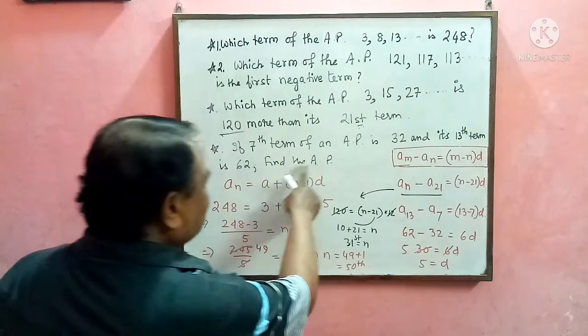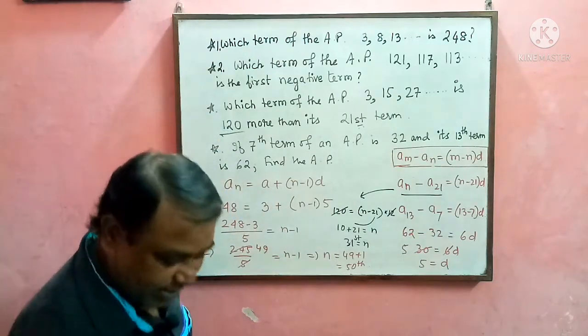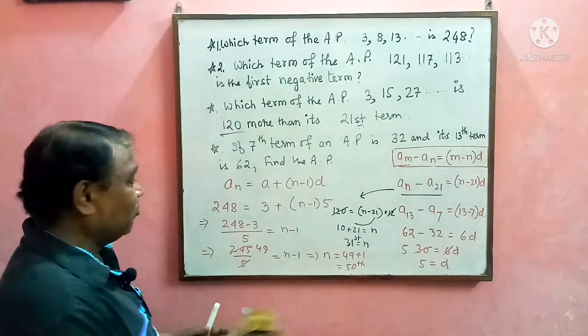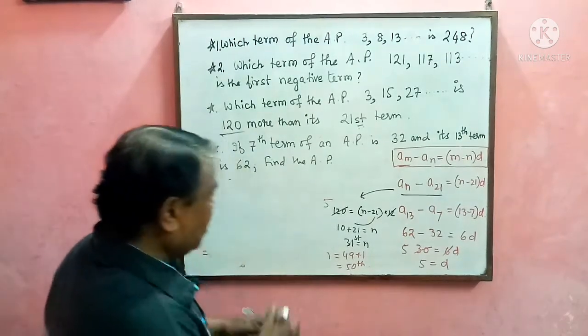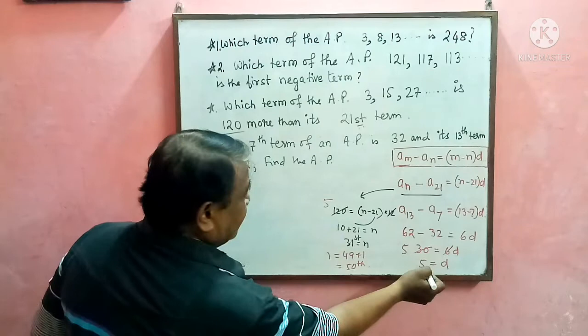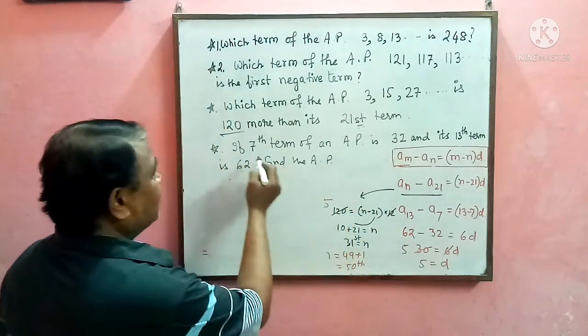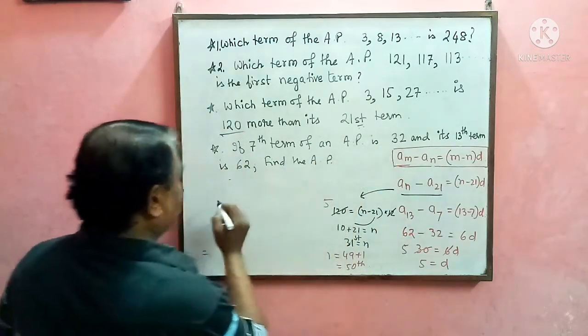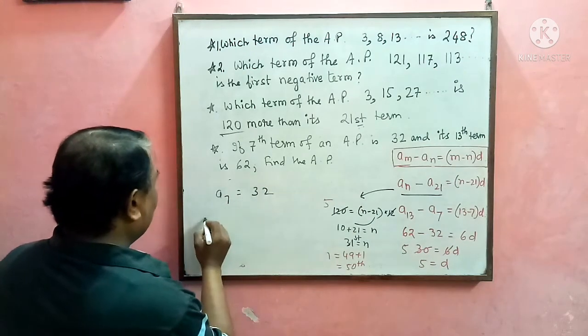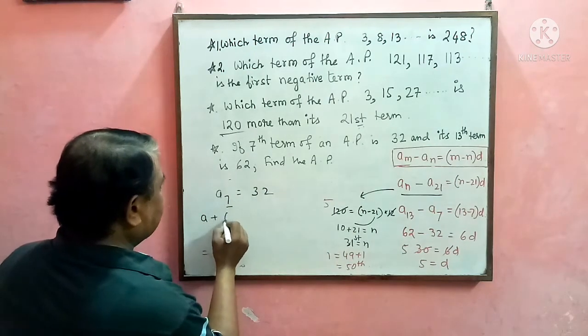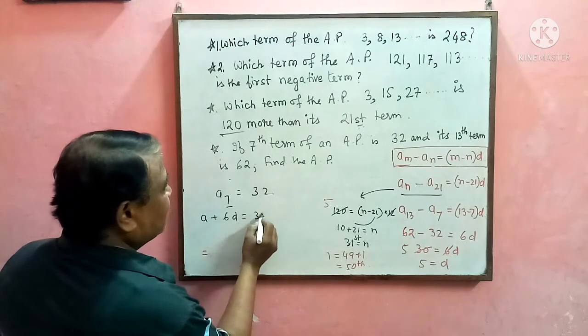Now we are asked to find out the AP. We can easily find it out. You see how? We have d here and we have the 7th term, that means a7 is 32. Use the formula a plus (n minus 1) d, where n is 7, is equal to 32.